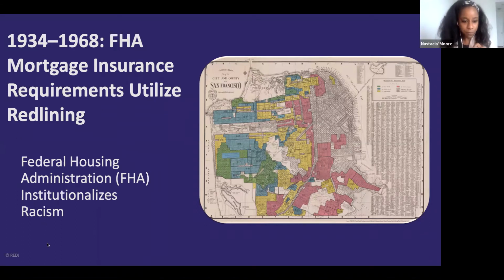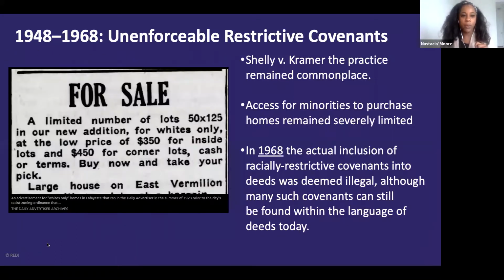If we move forward to talking about the unenforceable restrictive covenants, civil rights lawyers got together, they started challenging these covenants, they started challenging redlining practices and policies in the court. And even though the courts deemed these covenants unconstitutional, they were never fully enforced, because these covenants were private agreements.